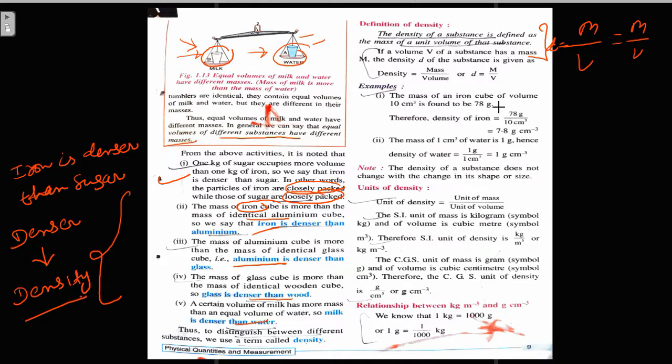For example, the mass of an iron cube of volume 10 centimeter cube is found to be 78 gram.